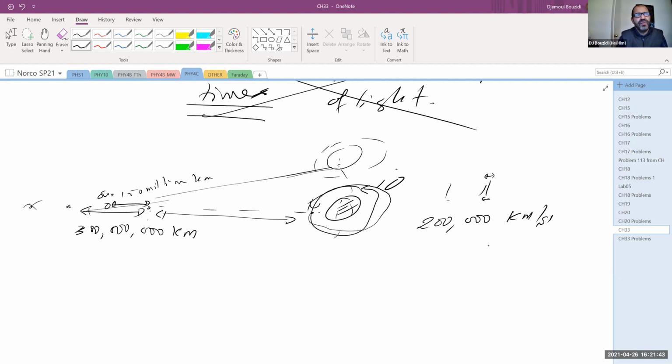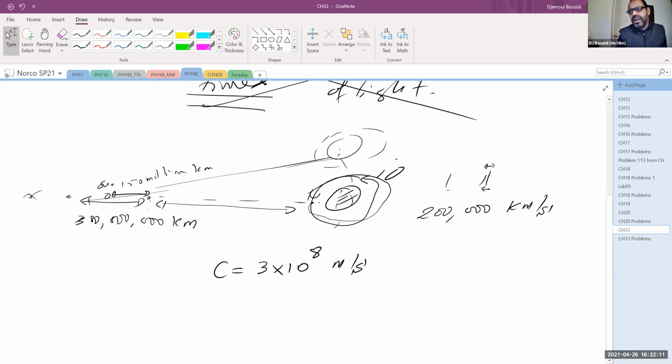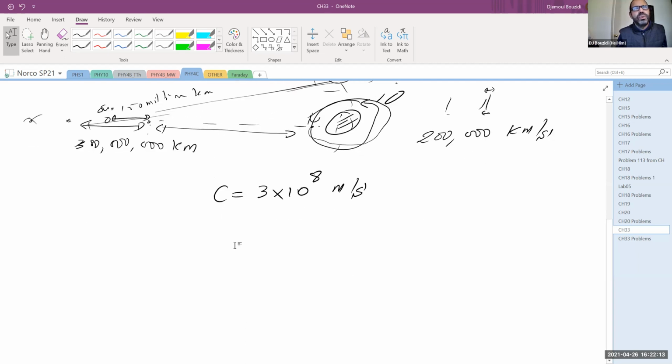This experiment was refined further and further, and now we have a better value for the speed of light, which we're going to take in this class as 3 times 10 to the power 8 meters per second. This is the operating value that we're going to be using. Unless we're doing atomic physics, where the precision is going to be extremely high for those experiments, this is a number that is close enough.